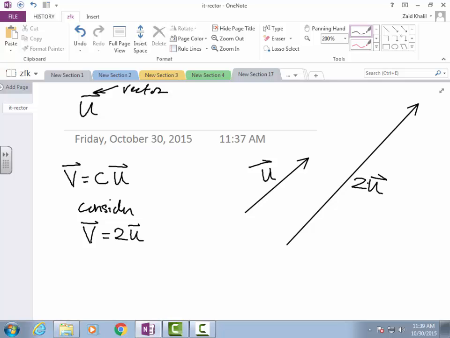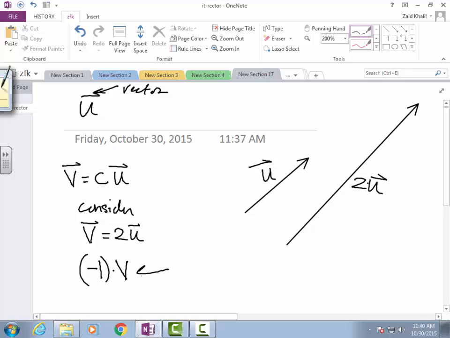But then you're like, okay, what happens if c is negative? Ah, and so now this is a definition. In other words, negative 1 times v is the vector opposite v.